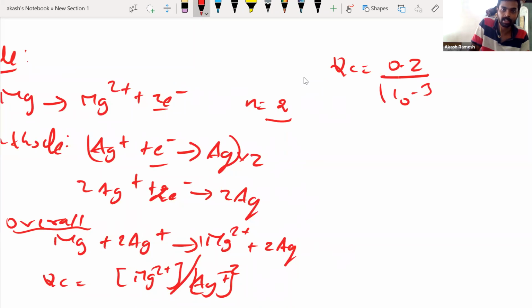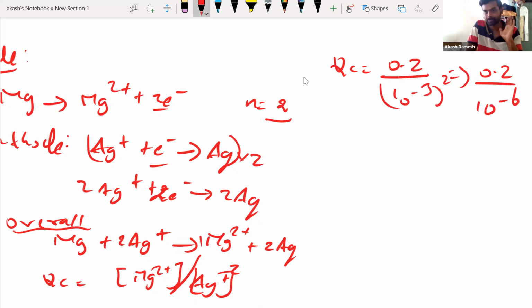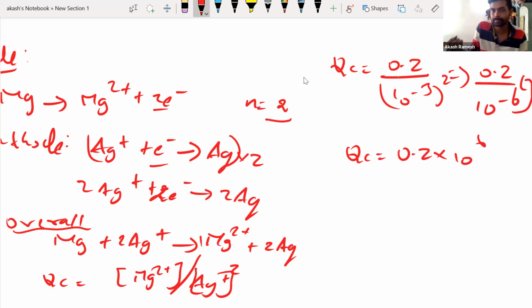So QC is 0.2 divided by 10 to the power minus 3 squared, which is 0.2 divided by 10 to the power minus 6. Bringing this to the numerator, QC is 0.2 into 10 to the power 6, or 2 into 10 to the power 5.